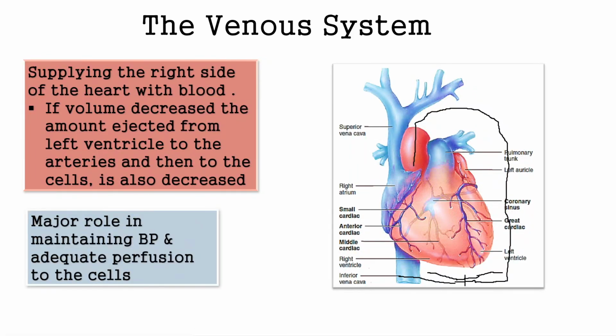If volume decreases, the amount ejected from the left ventricle to the arteries and then to the cells is also decreased. So if we are bleeding out down here somewhere, then we're losing volume coming back up here. Its major role is maintaining blood pressure through adequate perfusion to the cells.